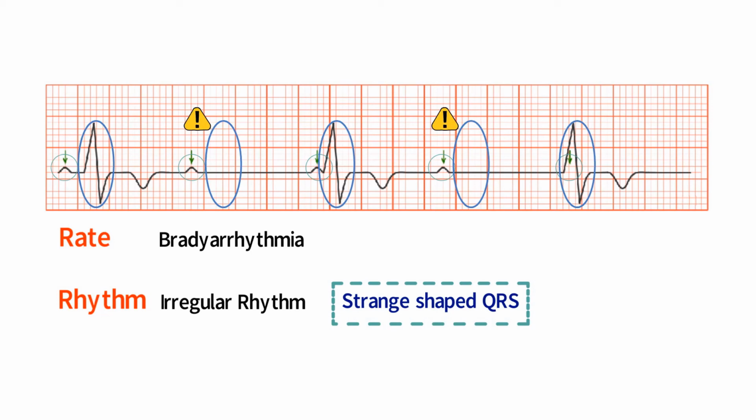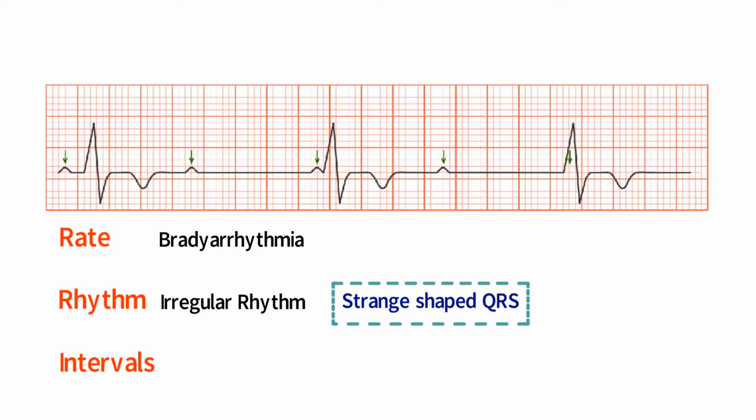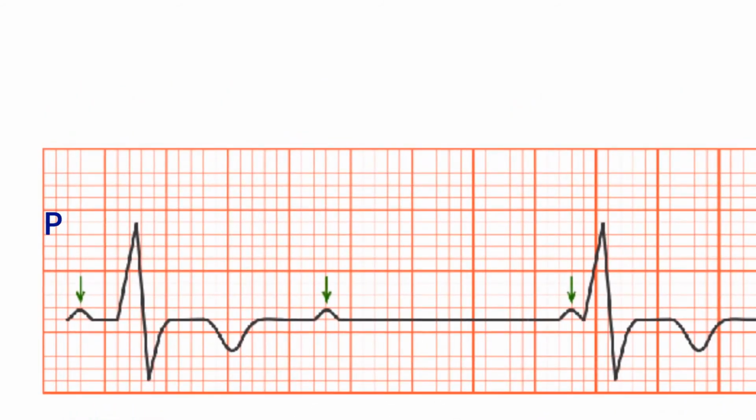We checked rate. He's having a bradycardia. We checked rhythm. There's a problem that we can't find a QRS after every P wave, and also the QRS has a very strange shape. Okay, let's now check intervals. The PR in the first wave is 1, 2, 3, 4.